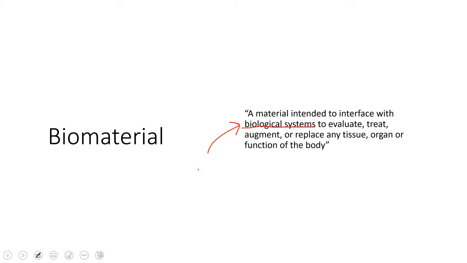So say that there's tissue, there's cells, any implant is a biomaterial problem, but it's not a material scientist problem. So evaluate, treat, augment, or replace any tissue, organ, or function of the body.